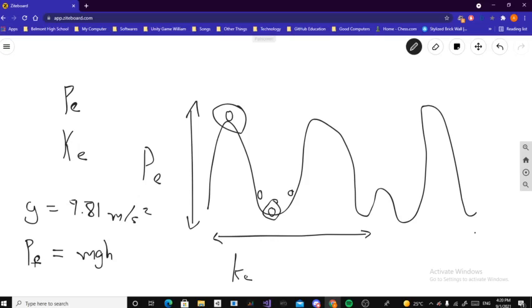Now, M is the mass, and mass affects potential energy because mass is essentially how hard it is to accelerate an object. Say we have two balls of the same size. One is metal and one is wooden. We can assume that the metal ball, or if we're given a value, the metal ball would most probably be the one with the higher mass, and the wooden ball would have less mass.